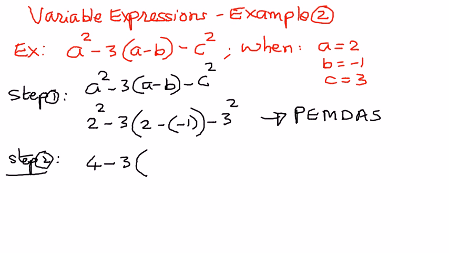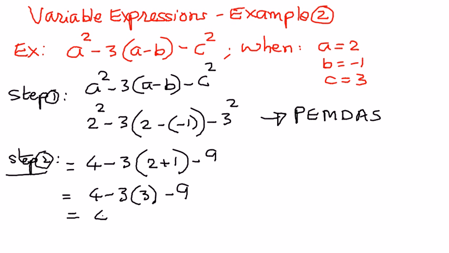So 4 minus 3 times 2, and then negative times negative is a positive, plus the positive 1, and then minus 3 raised to the power of 2 is 3 times 3, which is equal to 9. We'll simplify this some more. 4 minus 3 times (2 plus 1 is 3) minus 9.